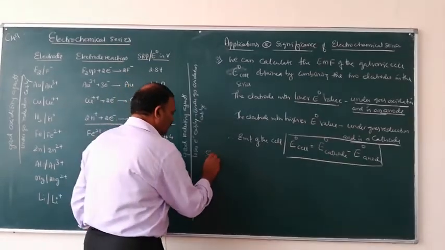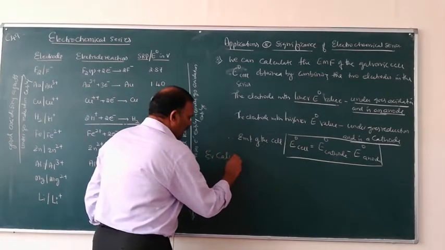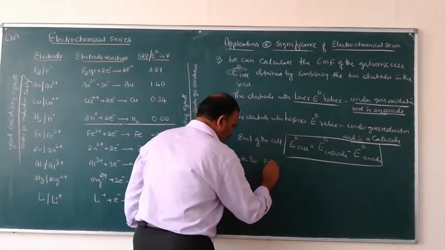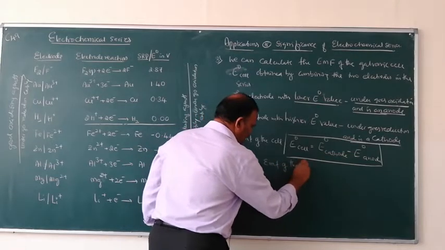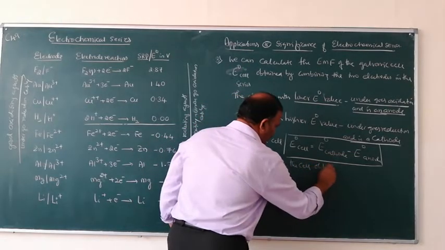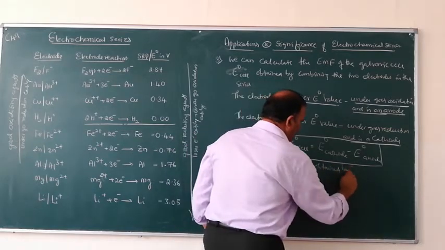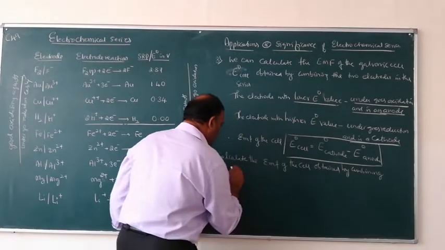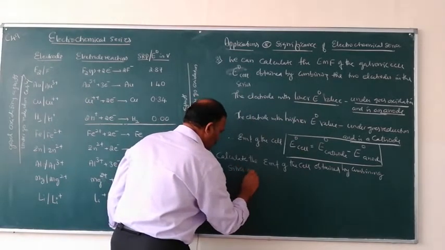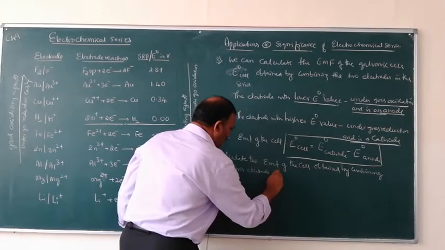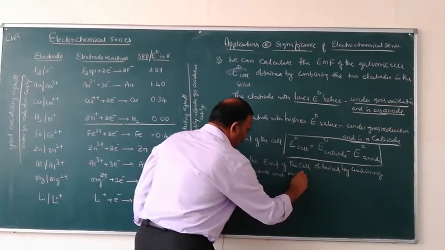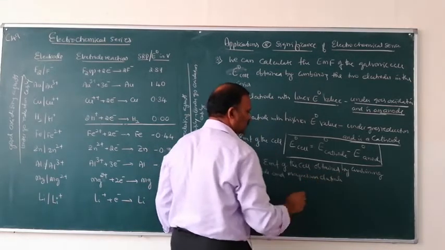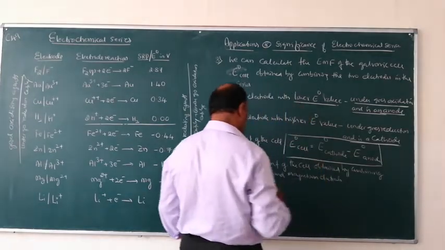For example, calculate the EMF of the cell obtained by combining silver electrode and magnesium electrode.